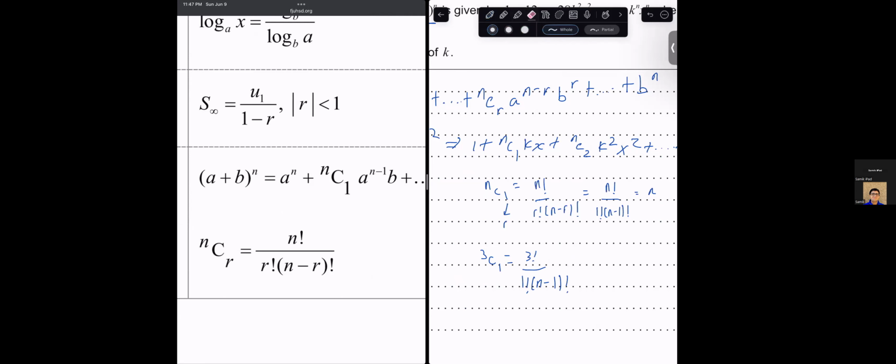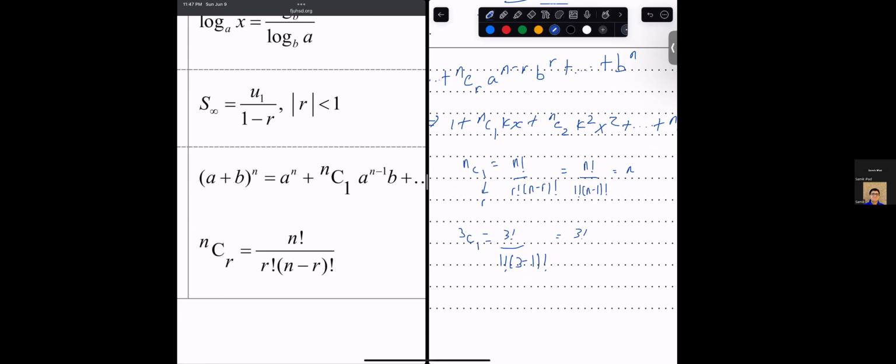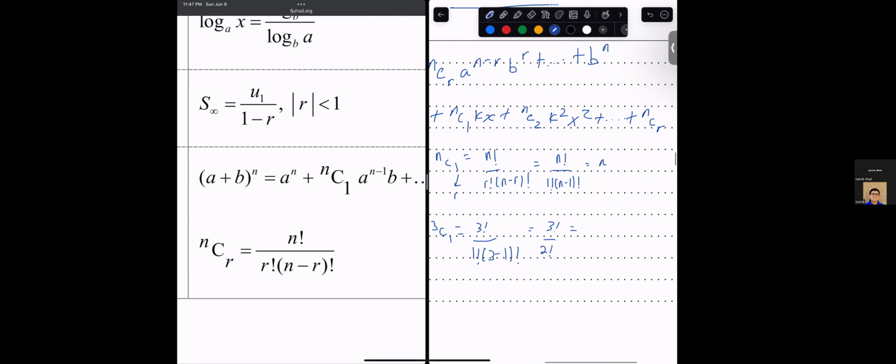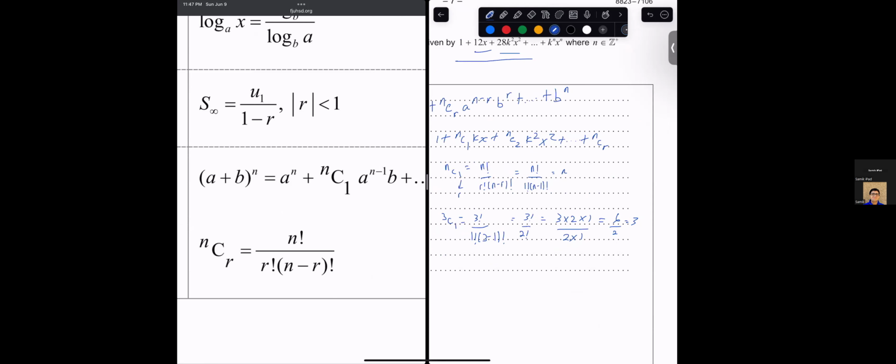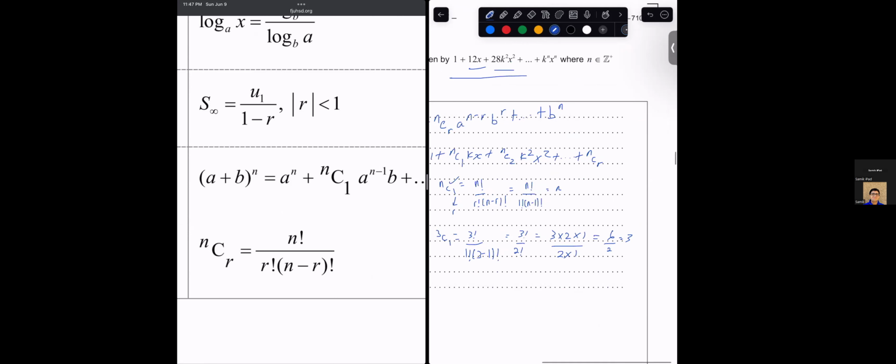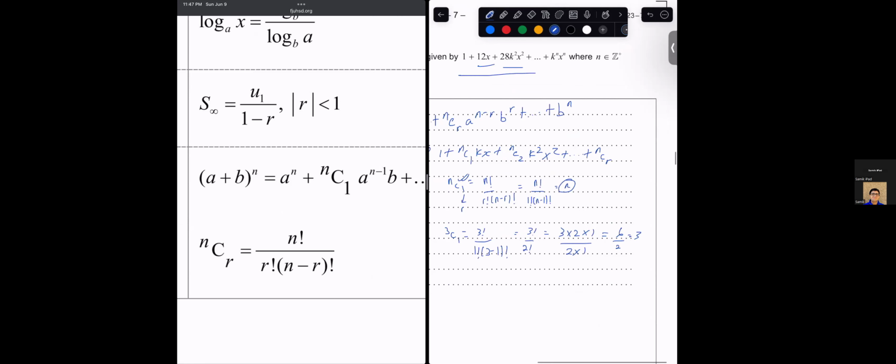In our case n is 3, so we have 3 factorial upon 1 factorial, which is 1, and 2 factorial because 3 minus 1 is 2. So 3 times 2 times 1 upon 2 times 1 is 6 upon 2, which is 3. Just proved it, right? Hence nC1 will always equal whatever the n value is. So in the generic case, nC1 is equal to n. I'll erase this now.